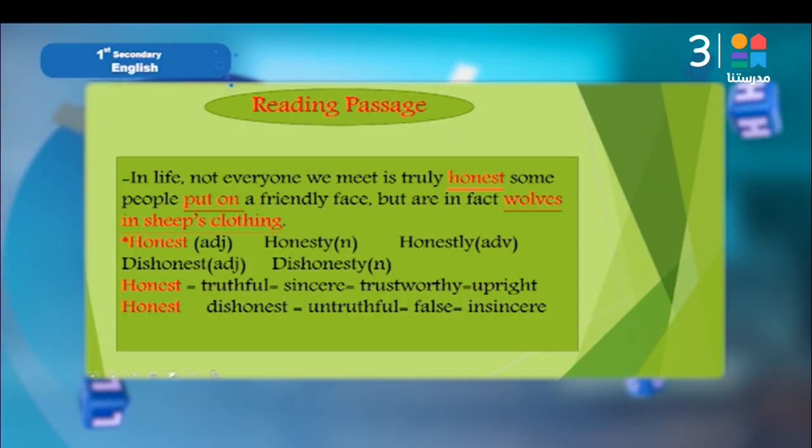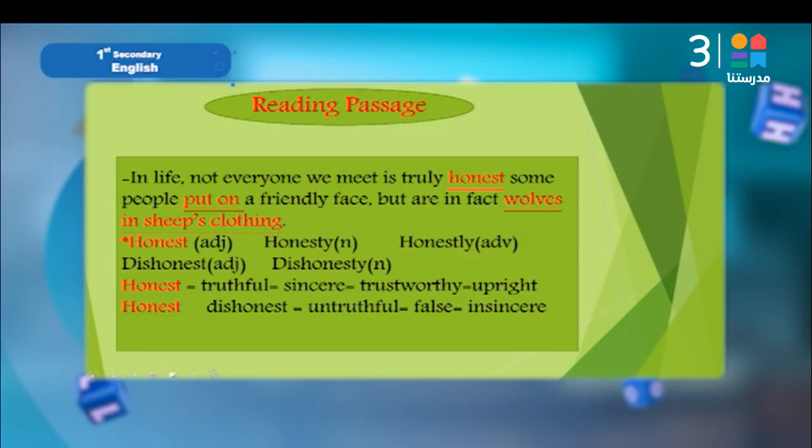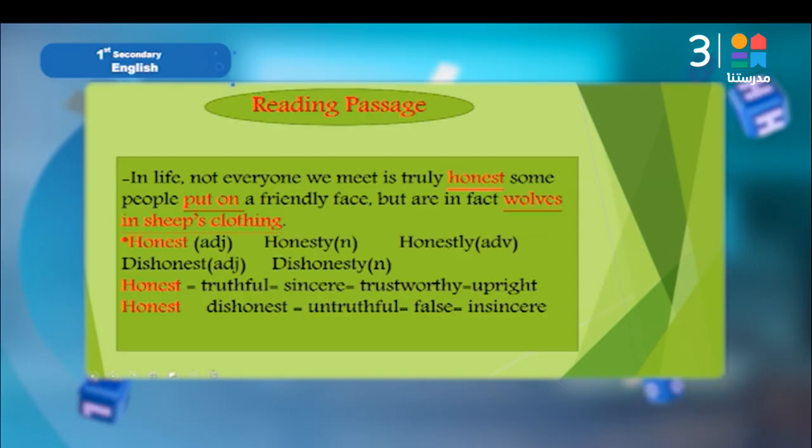This is the synonym: truthful, sincere, trustworthy, upright. What about the antonym? Do you remember what it means? Yes, excellent, very good. Antonym means the opposite of the word. So what is the opposite of the word honest? Dishonest, untruthful, false, insincere.